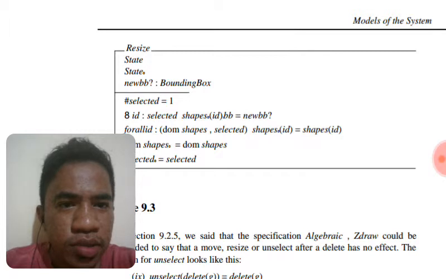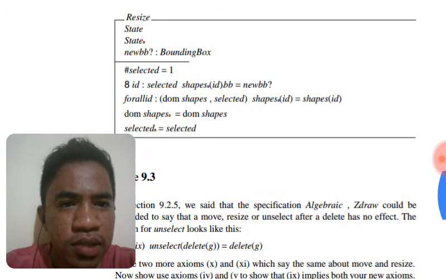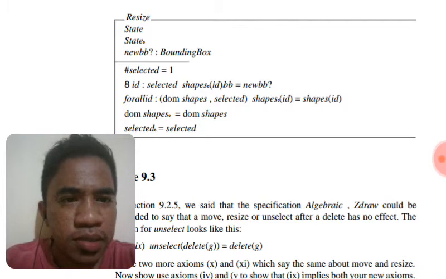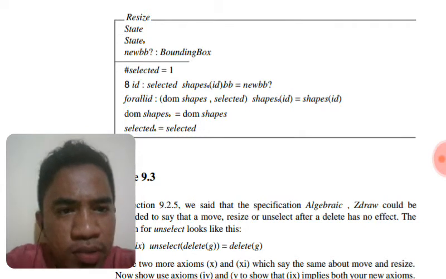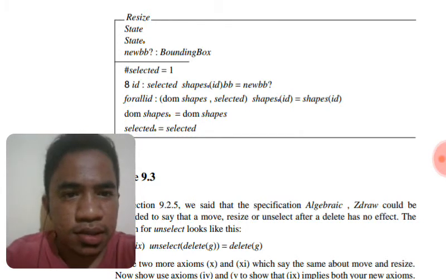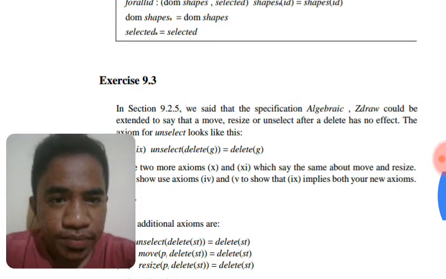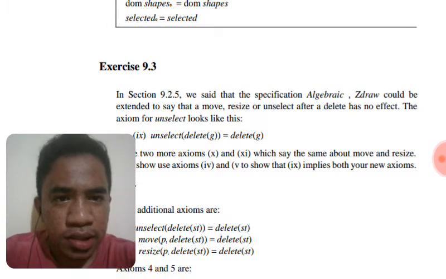Resize: state, new bb bounding box, select equals 1, id select shape id, bb and new bb. For elite dome shape select id equals shape id, dome shape equals dome shape, select equals select.